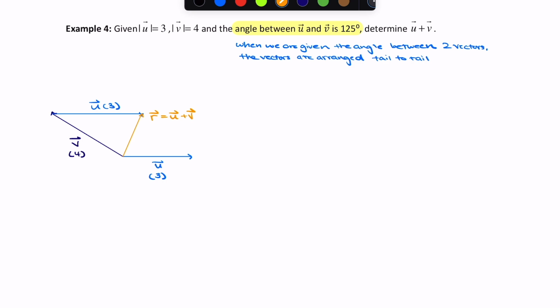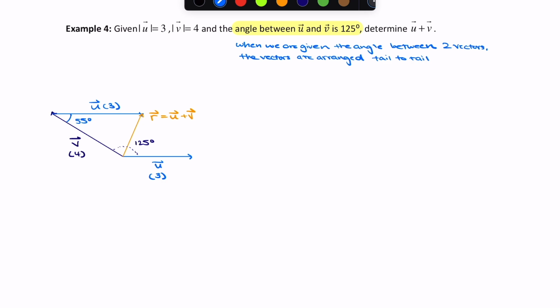And again, if we draw the angle, then the entire angle is 125 degrees. And then the angle over here is 180 minus 125, which is 55 degrees.